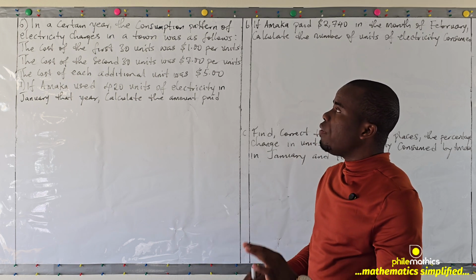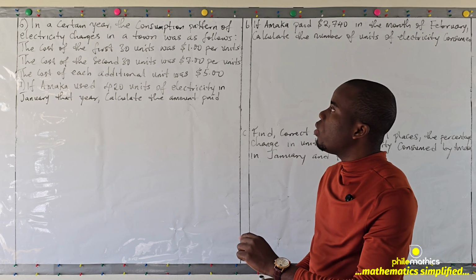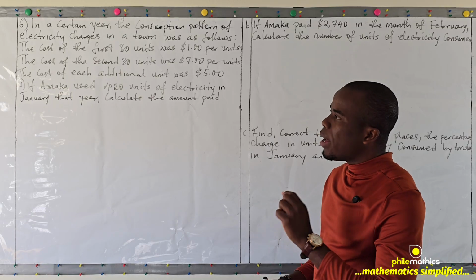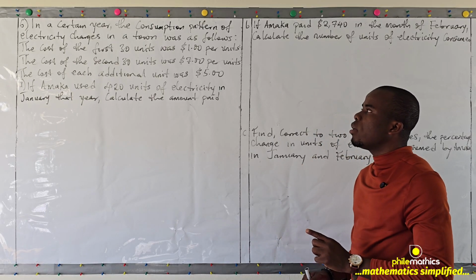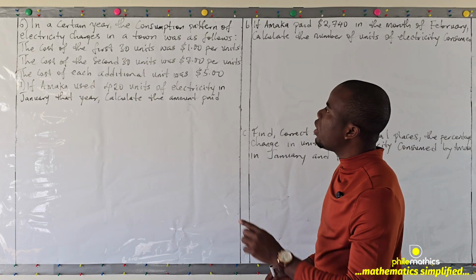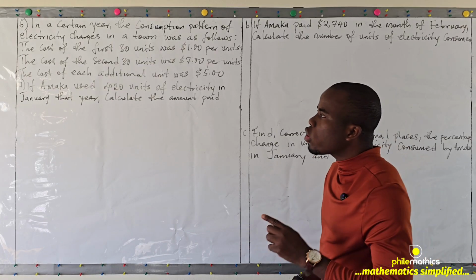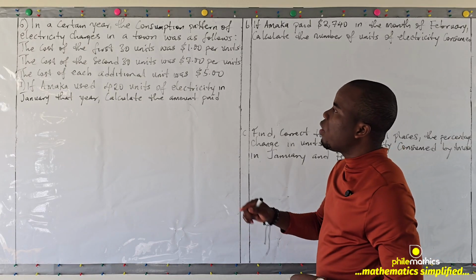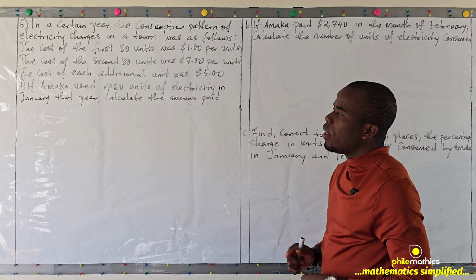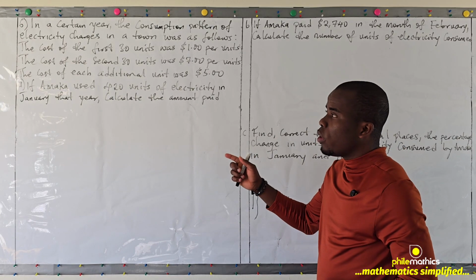The cost of the first 30 units was $1 per unit. The cost of the second 30 units was $7 per unit. The cost of each additional unit was $5, that is per unit too.